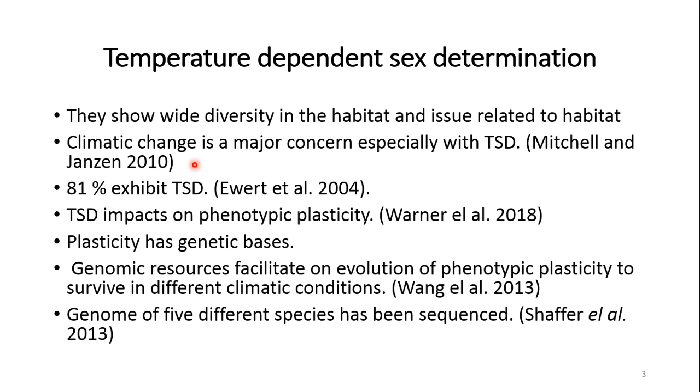Climate change is one of the major issues related to these species, especially with TSD, meaning temperature dependent sex determination, because their sex is mostly determined by this TSD. 81 species exhibit temperature dependent sex determination, which impacts phenotypic plasticity, in which environmental factors alter the phenotypes.